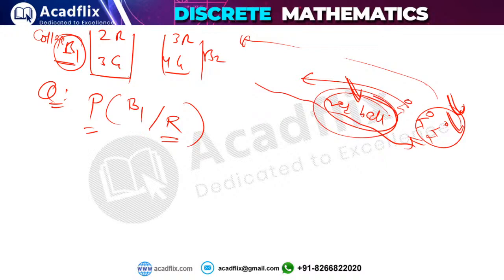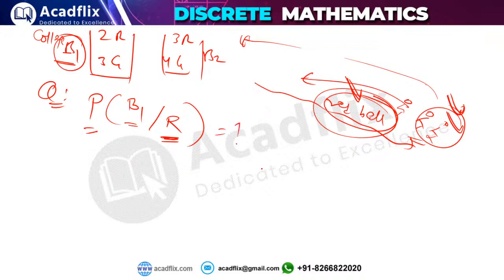This we don't know, but we want to know what could be the probability that you might have chosen it from box 1. So this is the question we are asking, the probability of picking a ball from box 1 given that a red ball is already chosen. Now let's solve this.